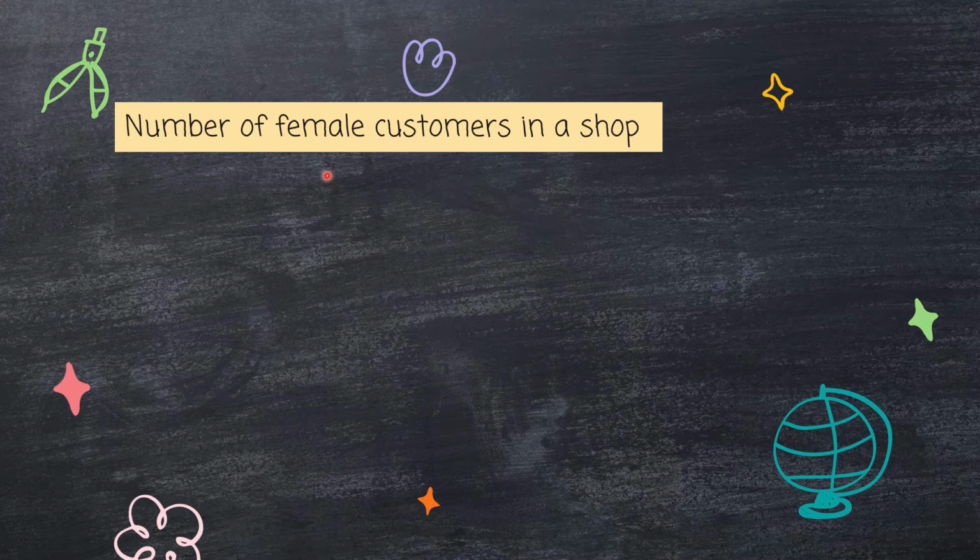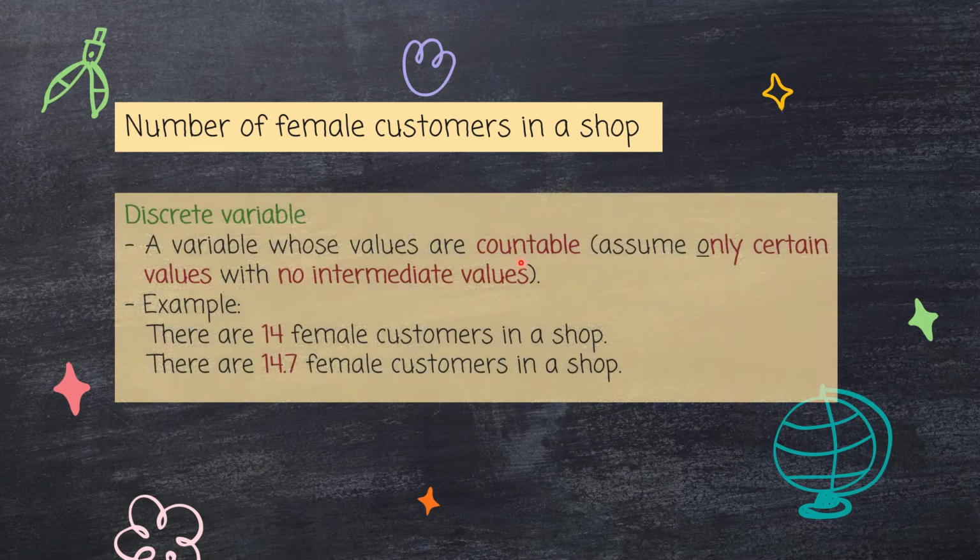Next, number of female customers in a shop. So this one is also a discrete variable whose values are countable. Okay, look at the example. There are 15 female customers in a shop. So 15 is a countable value.